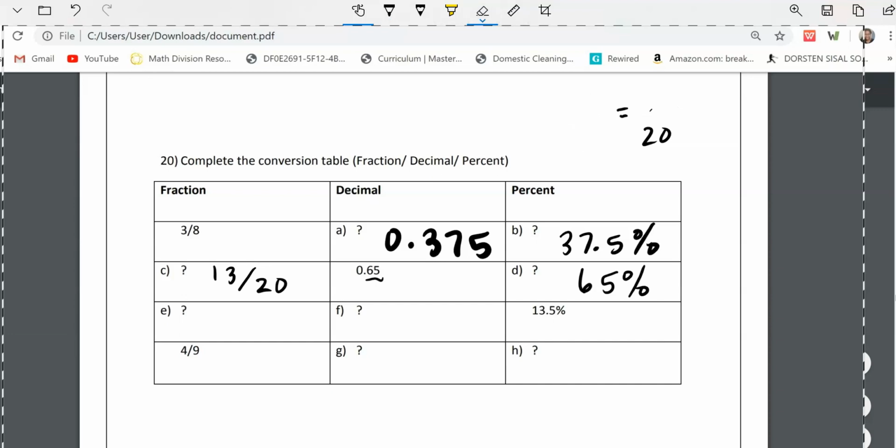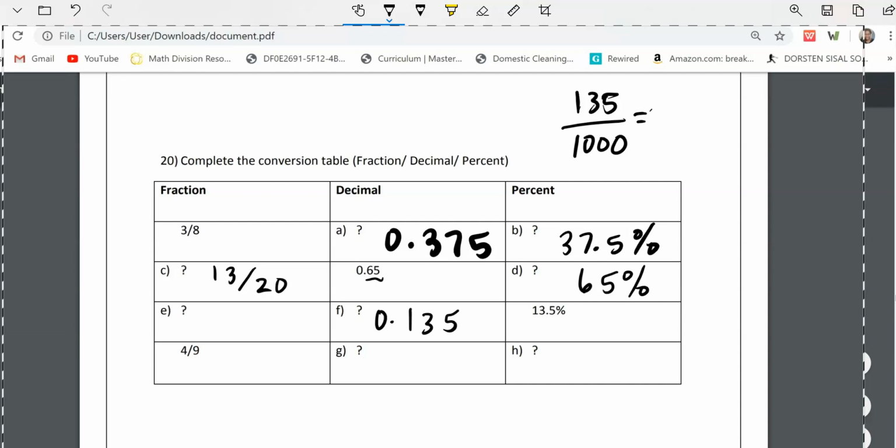All right, now let's go to the next row. We have 13.5%. We're going to swing it 2 places forward, and we're going to get 0.135. For the fraction, we're going to put 135, not over 100, but over 1,000, because that 5 is in the thousandths place. Divide by 5 to both the top and the bottom.